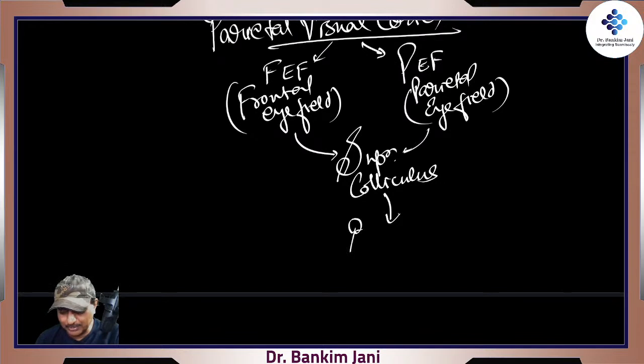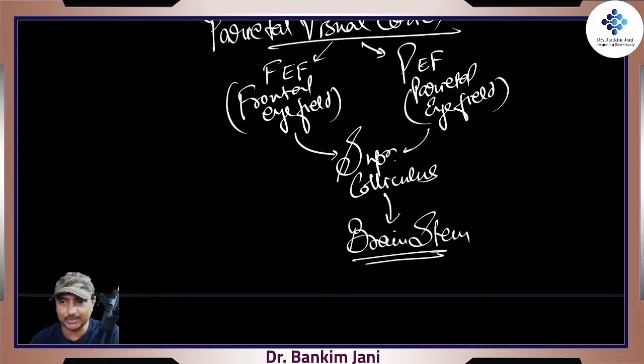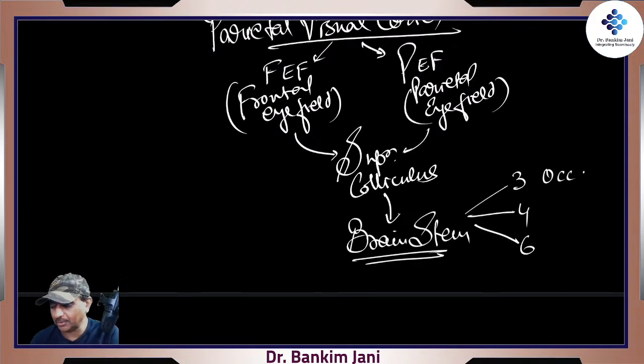The superior colliculus will immediately inform the brainstem, right? And from the brainstem, who is coming out? 3, 4, 6, right? Cranial nuclei. So this is oculomotor, trochlear, and abducens, right? And all of them supply the extraocular muscles, right?